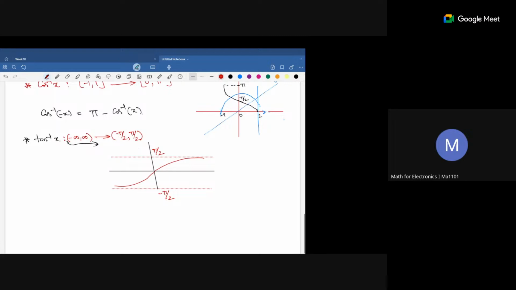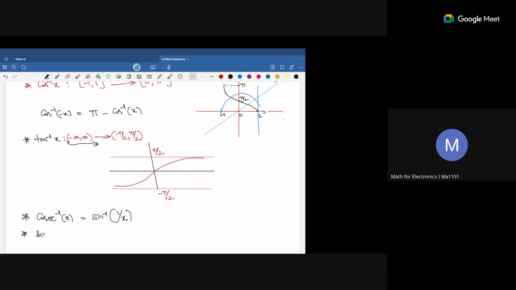Right. So once you have these three, then we can actually write cosecant inverse. Right, cosecant inverse of x is simply sine inverse of 1 by x. Right.